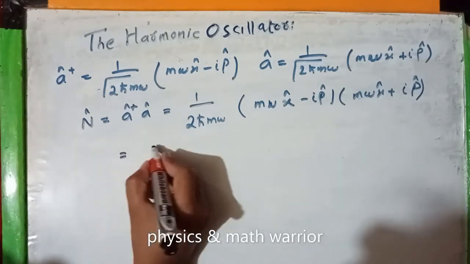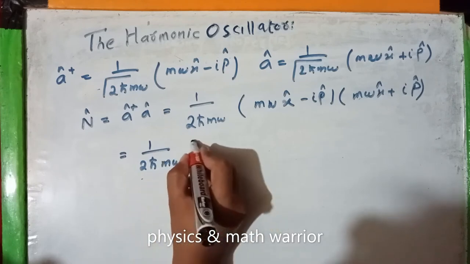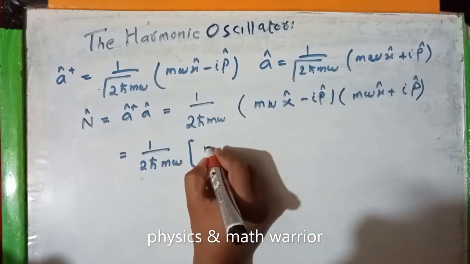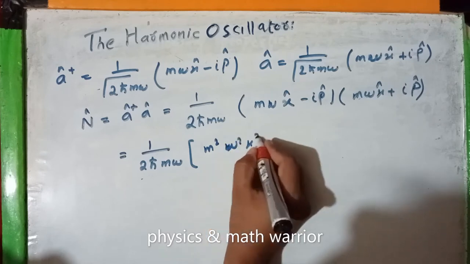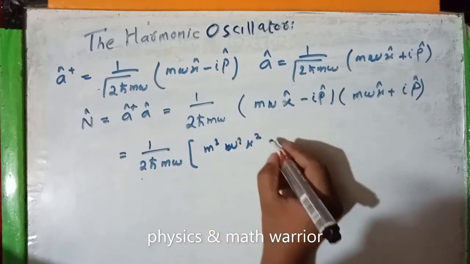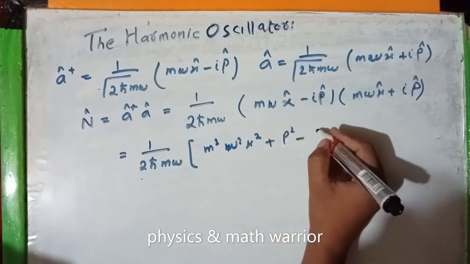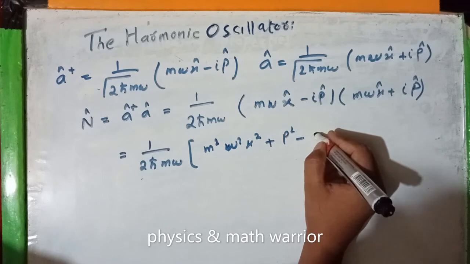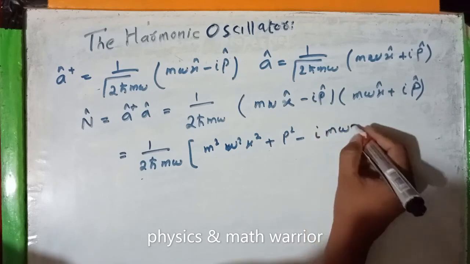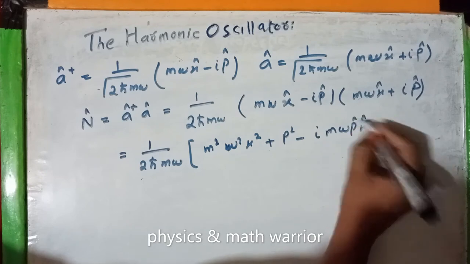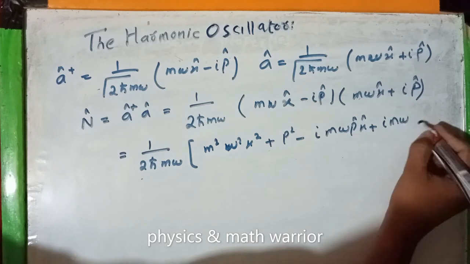So this is equal to 1 over 2 h-bar m omega multiplied by m squared omega squared x squared plus p squared minus i m omega p x plus i m omega x p.